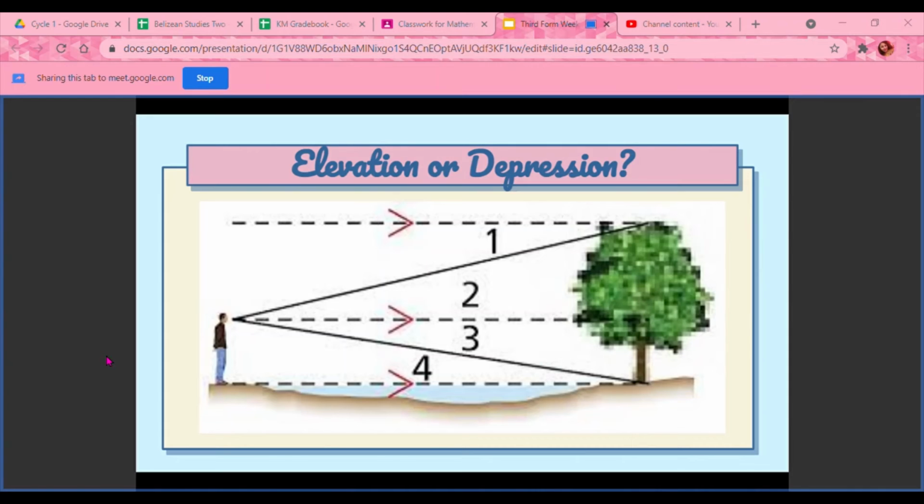Angle of elevation, angle of depression. Alright? If I were to ask you, look at number 1. If this is my original sight, and I look down, what angle is number 1?